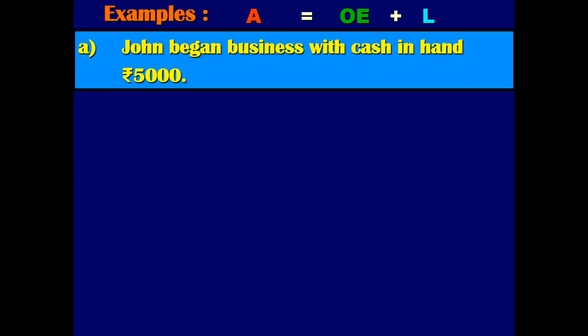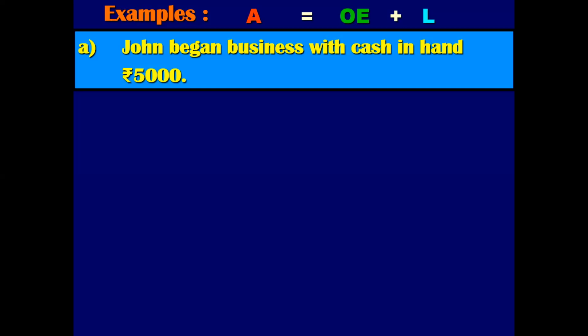Okay, I started one business with 5,000. I just gave my 5,000 to the business. In this transaction, think from the business point of view. What does the business receive?